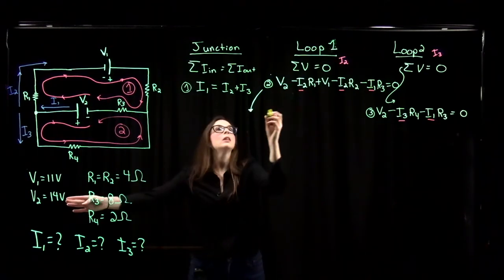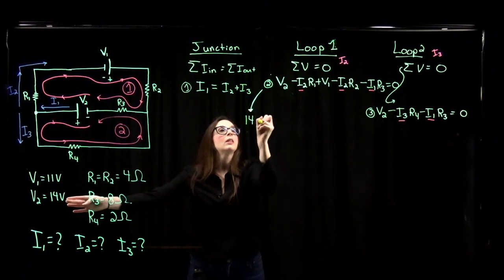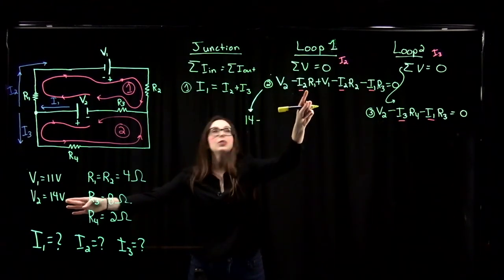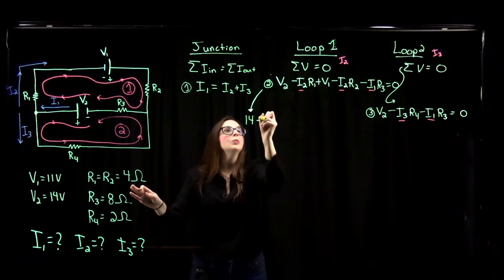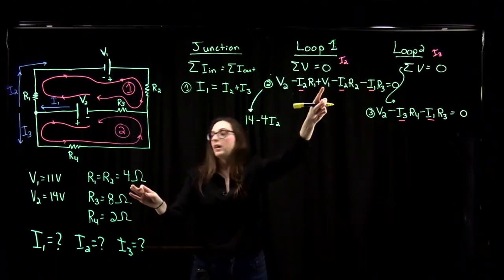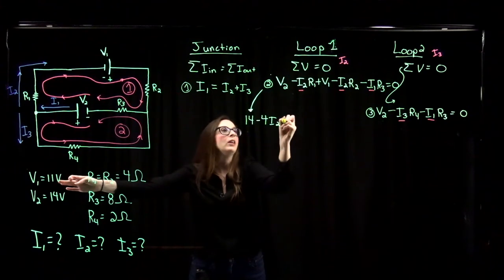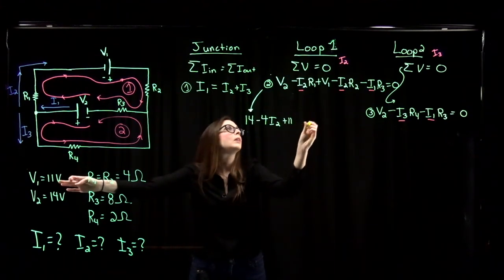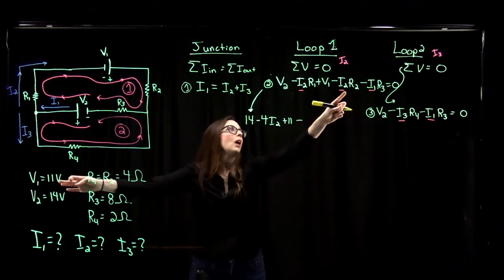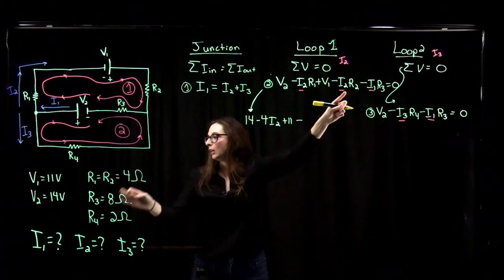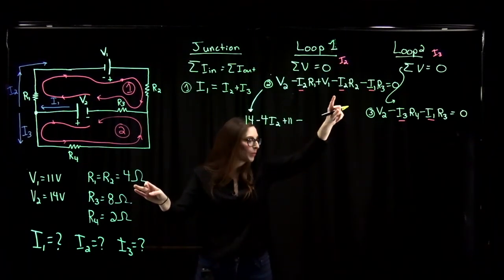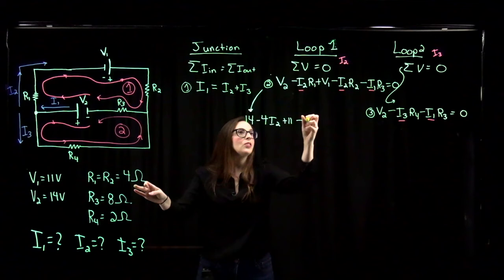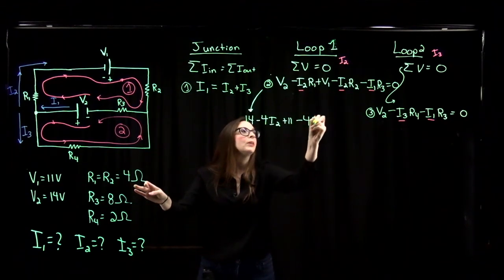V2 is 14 volts, minus I2 R1. R1 is 4 ohms, so minus 4 I2, plus V1, which is 11 volts, minus I2 R2. R2 is also 4 ohms, so minus 4 I2 again.